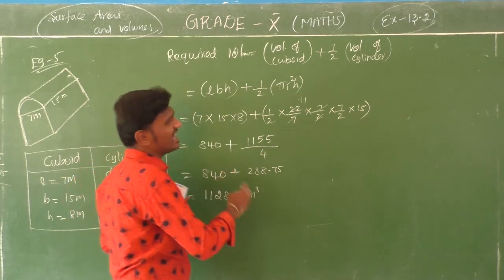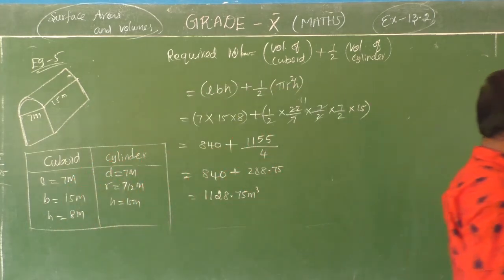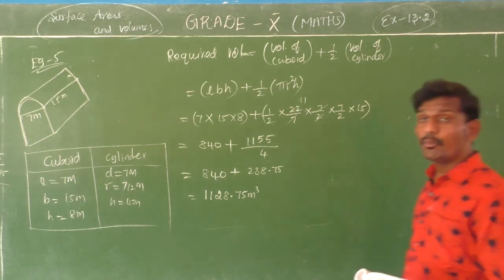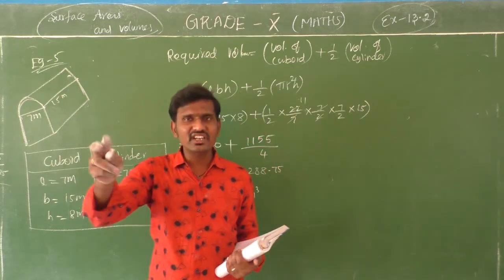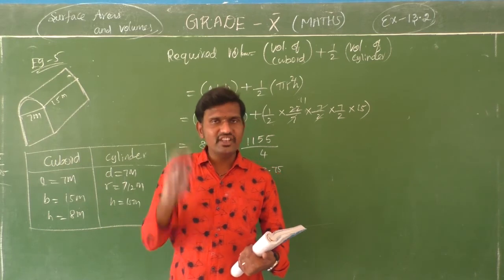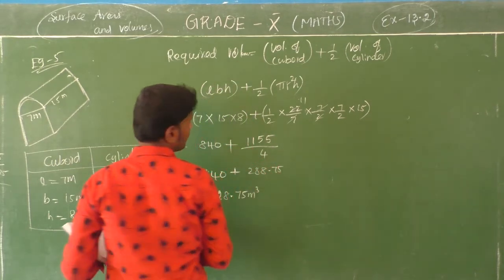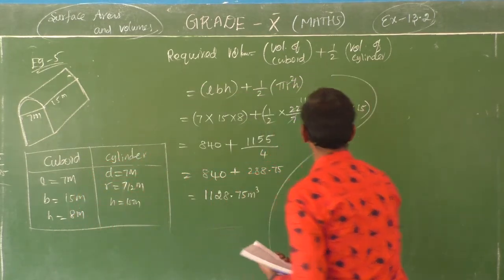So this is the total volume of air in the shed. Okay. Now you have the total space occupied by the machinery. Some machines also occupy some space of the shed. Now listen.